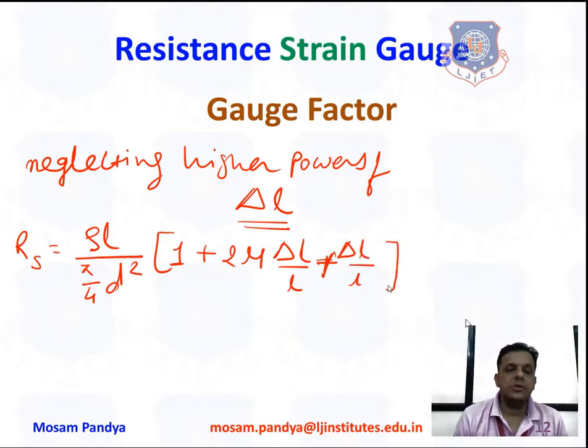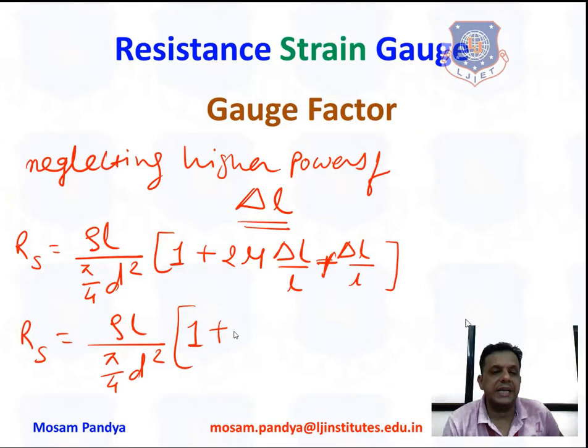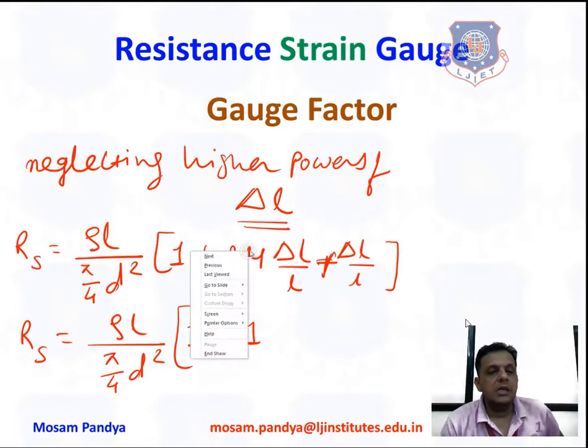And in denominator that was 1 minus 4 mu squared delta L square by L square, so the entire term is being neglected, so in denominator only 1 is remaining, so I am not writing 1 in the denominator of the equation, and here we will be taking common delta L by L.